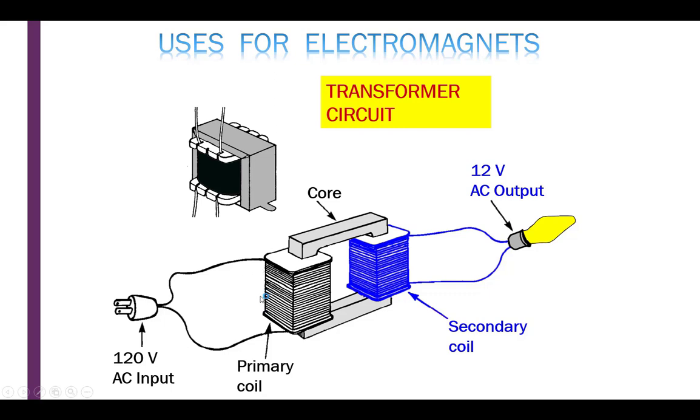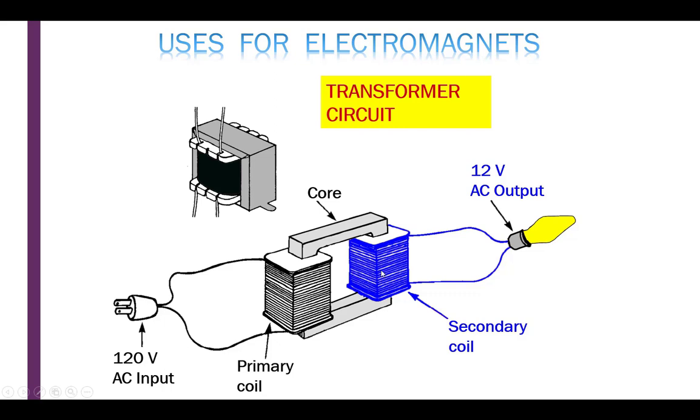So here's a coil of wire, and transformers have a primary circuit or coil and a secondary coil and circuit. Notice that the voltage is 120 volts on this side, but it's only 12 volts on this side. This is called a step down transformer because we're going from 120 down to 12 by a factor of 10.